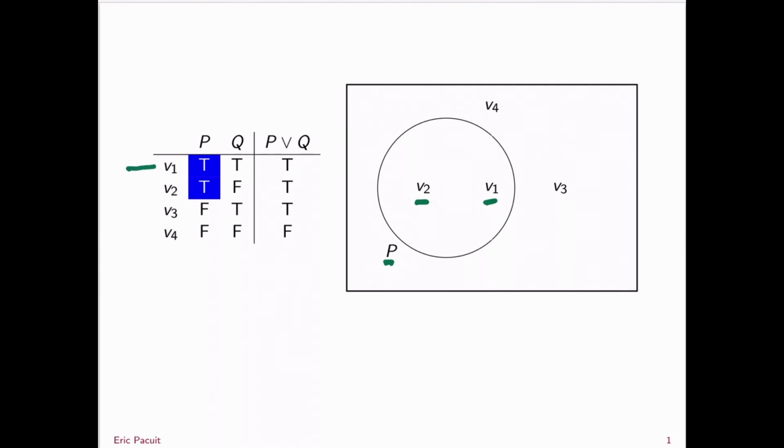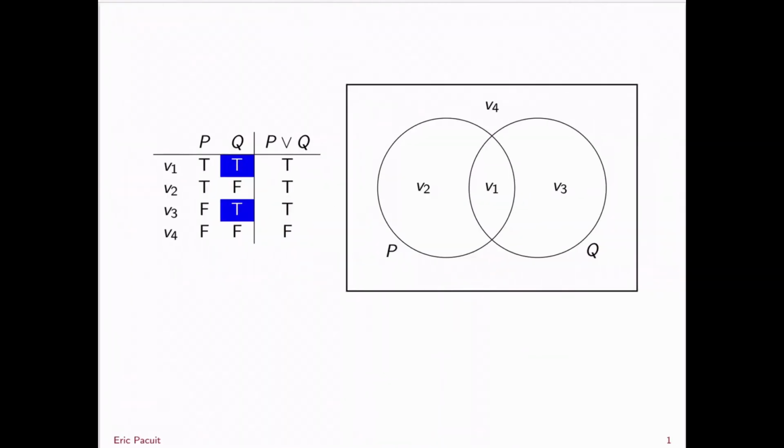There are 2 ways that P can be true, corresponding to the first 2 rows of the truth table. And we're going to do the same thing for Q. Q can be true in 2 ways, namely the 1st row and the 3rd row. So V1 makes Q true and V3 also makes Q true. So now we have a way of visualizing P and Q.